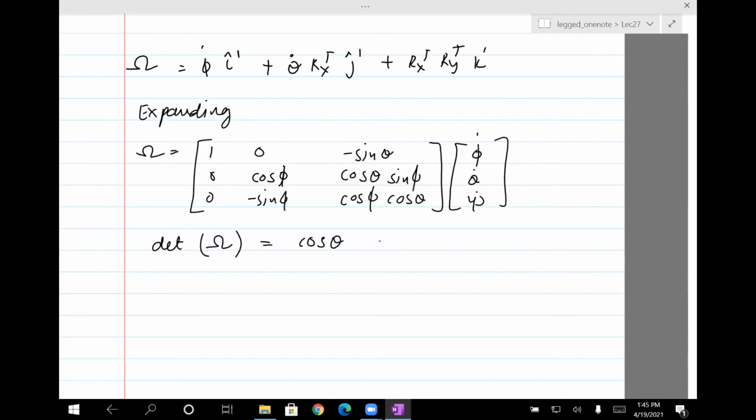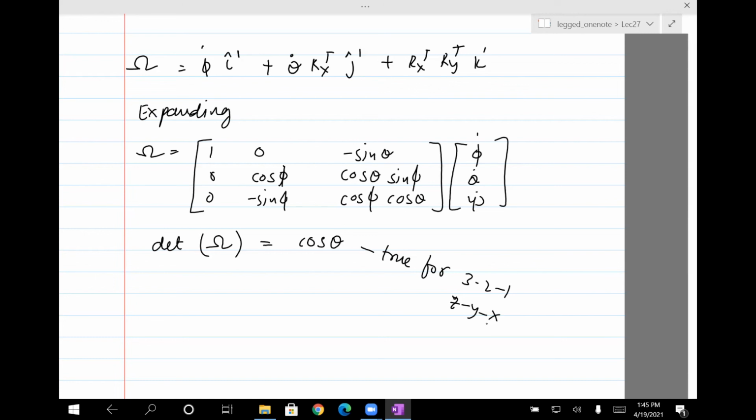And remember, this is only true for the 3, 2, 1 z, y, x convention, that you get a gimbal lock when the rotation about the y-axis is pi divided by 2. If you use a different notation like 1, 2, 3 or 1, 3, 1, you might get a gimbal lock at a different configuration.